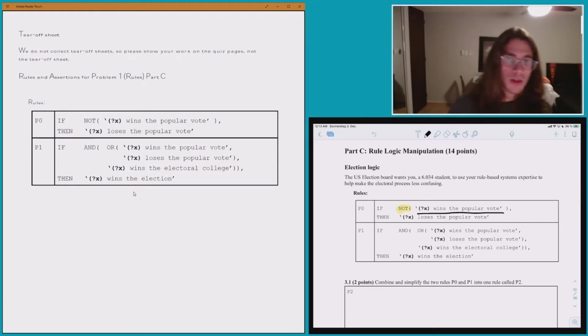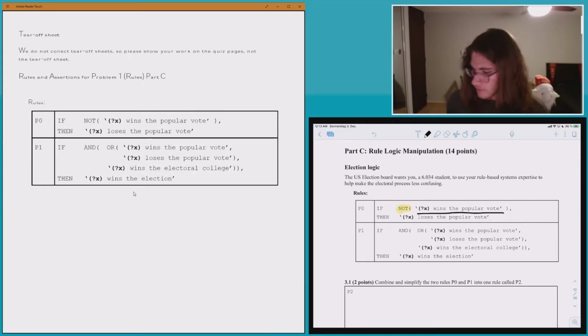So what not is saying is this pattern was not found. So if the pattern X wins the popular vote is not in the list of assertions, then not is going to say that's true. X wins the popular vote is missing. That's how I interpret not. And then X loses the popular vote if it's not explicitly stated.